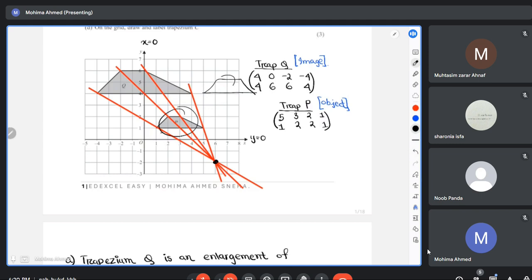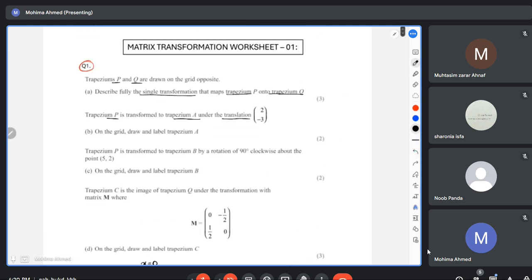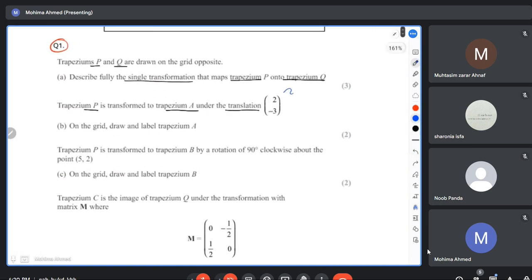Originally P was over here and now A would be in this situation. So translation means only a change in position, the size will not change. Let me write it down over here in notes that translation indicates change in position. Yeah, only change in position.